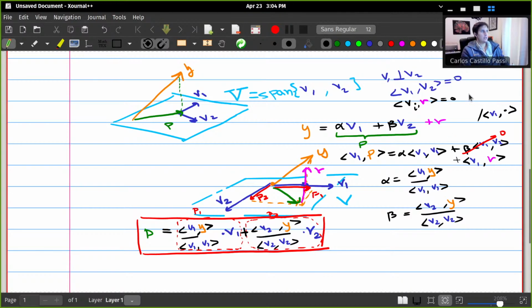But it has the property that the residual, or r, is orthogonal to the space, because it's exactly what is lacking. So that's why it's orthogonal to the space. That means that this inner product is 0 as well. So that's why it does not appear.